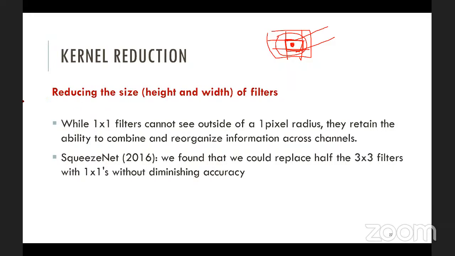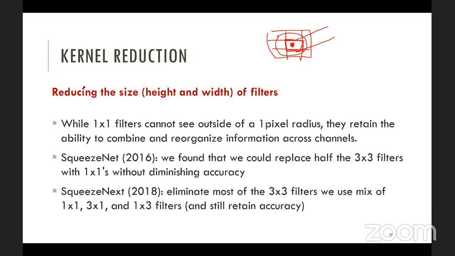So in SqueezeNet 2016, as I told you in the previous slide, it was observed that we can replace half of the 3x3 filters with 1x1 filters without loss in accuracy.